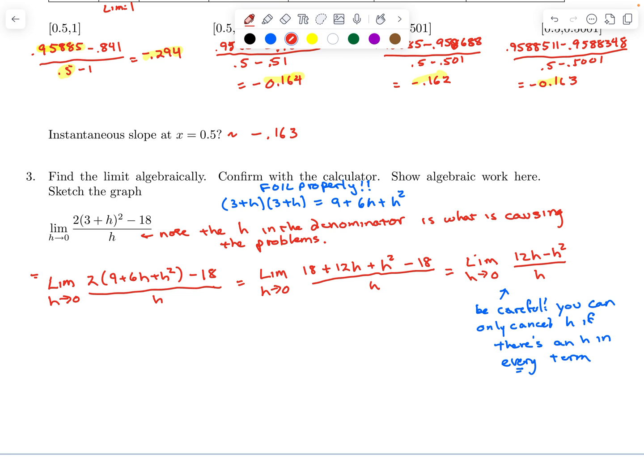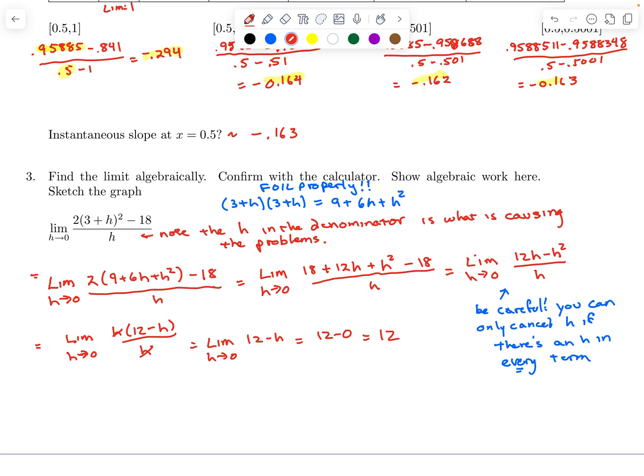Okay, so in other words, the careful thing to do is to factor on the top. And then cancel. Factor, cancel, plug back in. Once you have canceled the division by zero problem, you can then feel free and safe to plug in to find the limit. There you go.